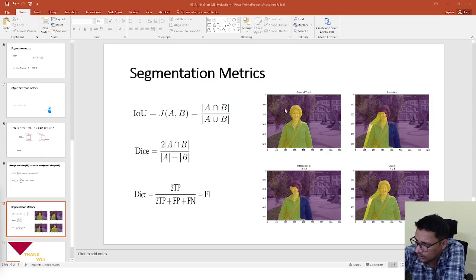The intersection over union we call the IOU. And the Dice score is two times the intersection of A and B divided by the absolute value of A plus the absolute value of B, and the Dice score, or F1 score, is the harmonic mean of precision and recall.